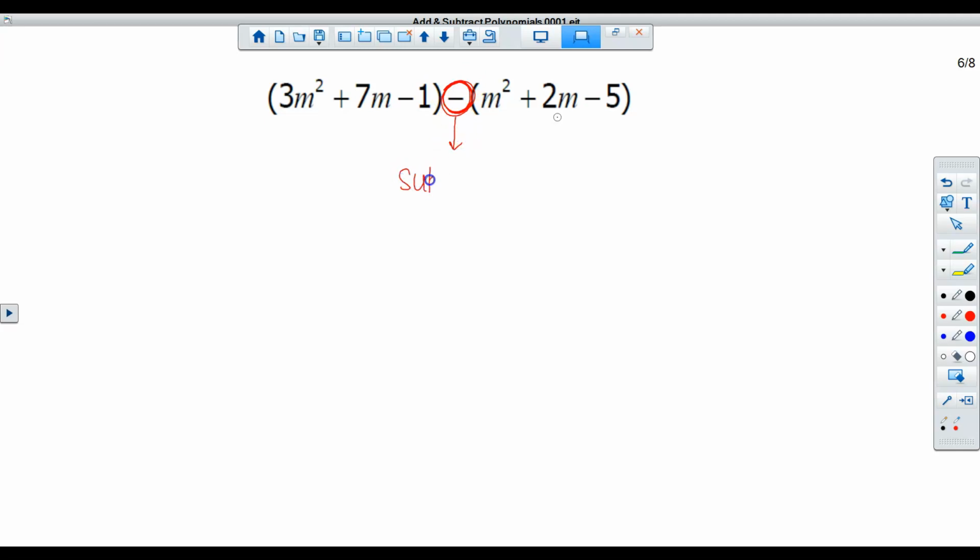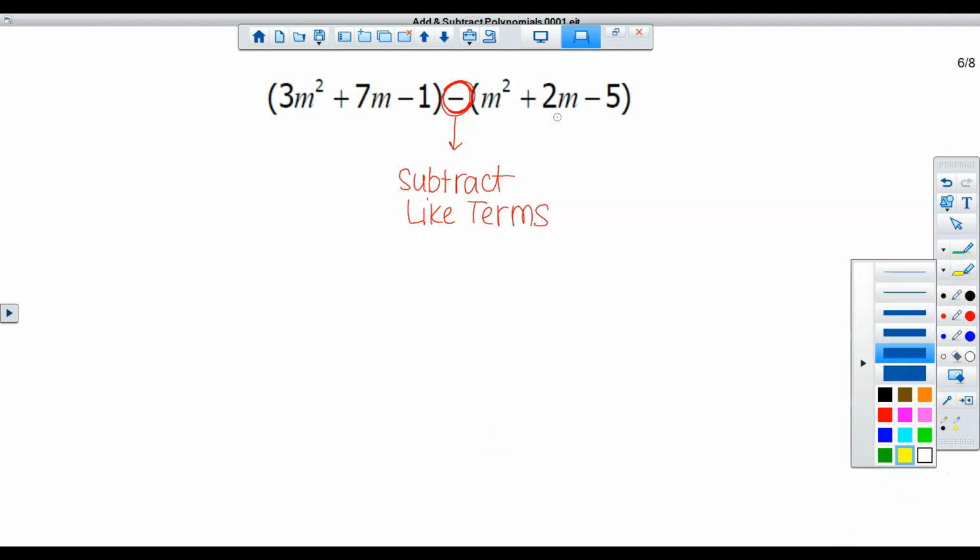So on this problem you are going to subtract like terms. So that middle sign you really have to pay attention to because it tells you whether you're going to add the like terms or subtract the like terms.